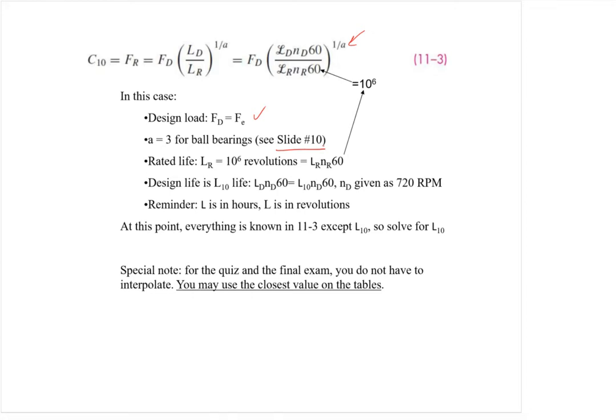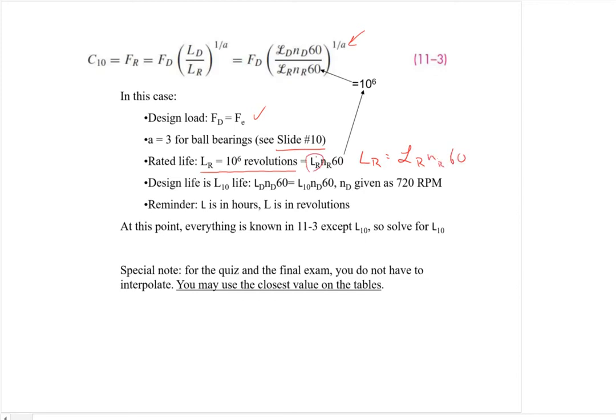So L sub R is in 10 to the 6th revolutions. That goes in the capital L sub R, and this should be a script L. So here's where some of the scripts got messed up. So this should read L sub R equals script L sub R N sub R times 60.